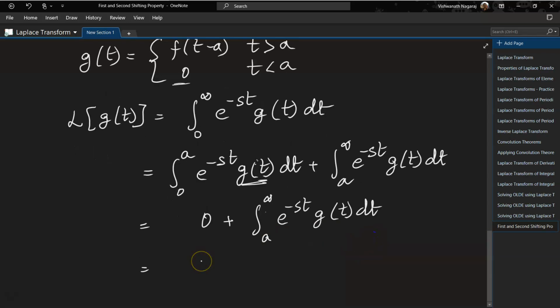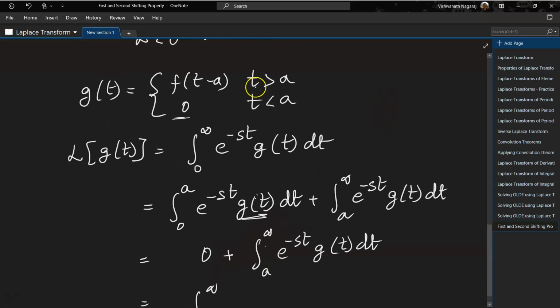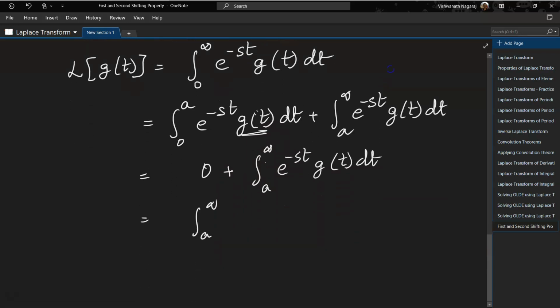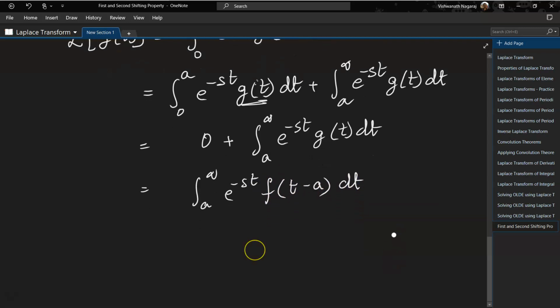Here again, when it is from a to infinity, that means t is greater than a, so at that time it is e to the power of minus st f of t minus a dt. But we don't want it in terms of t minus a.